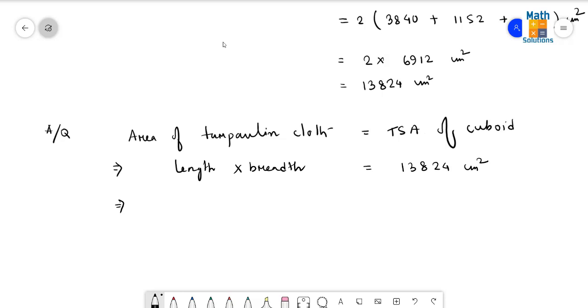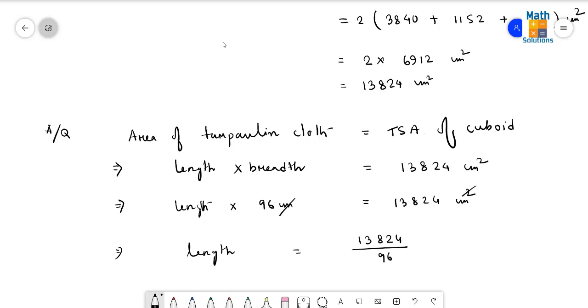So we can write here length into 96 centimeter is equal to 13824 centimeter square. So this centimeter will get cancelled with one of the centimeters. So length will be equal to 13824 by 96. So on cancellation, the result comes as 144 centimeter.